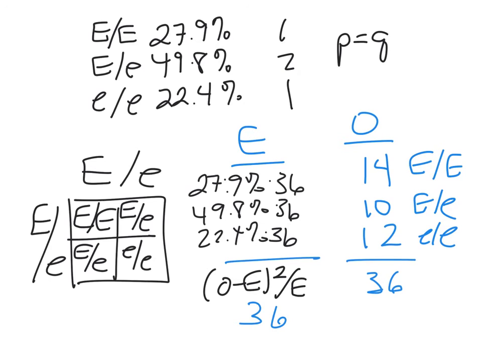Okay. So I calculated those to be, let's see, 10, 17.94, and 8. Should I round something? Maybe let's make that 18. So 10 plus 18 plus 8, 36. So that's how many expected individuals we would hope to see if the population's in Hardy-Weinberg equilibrium.